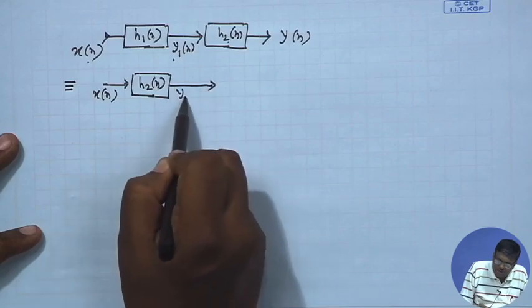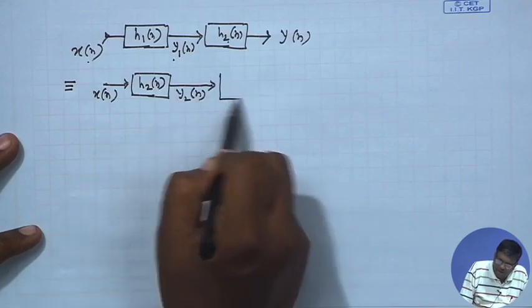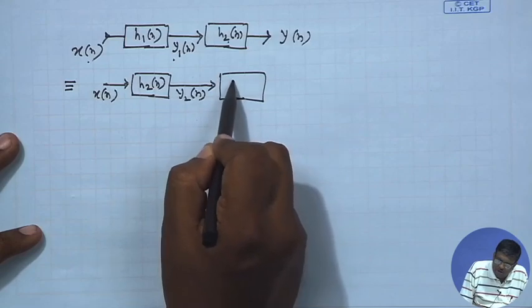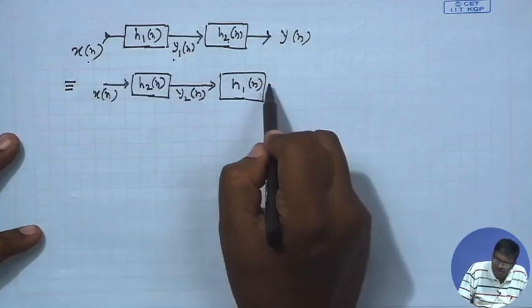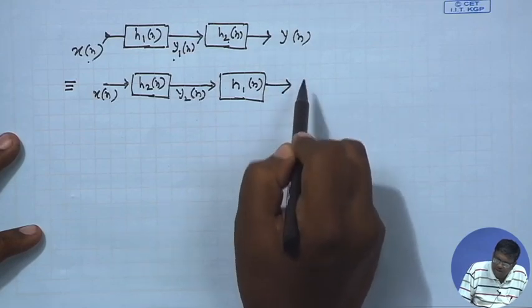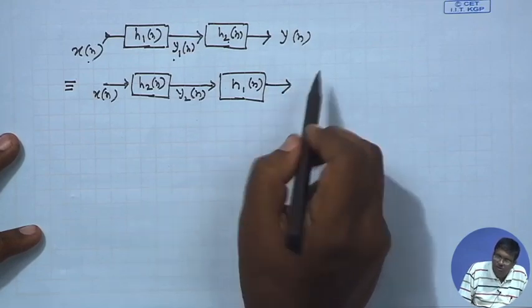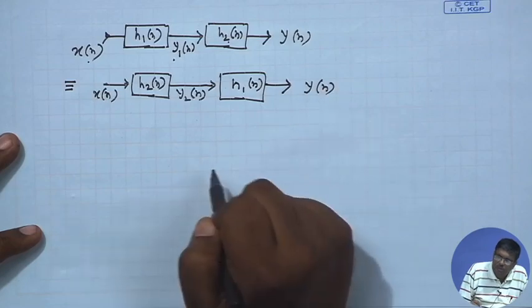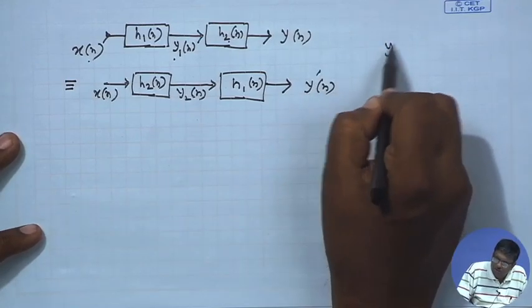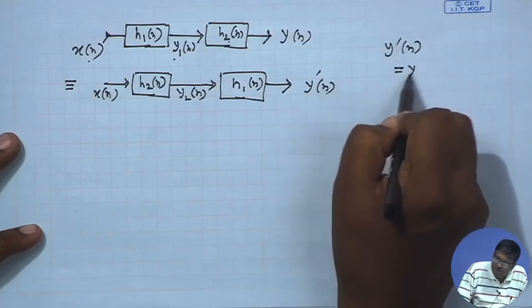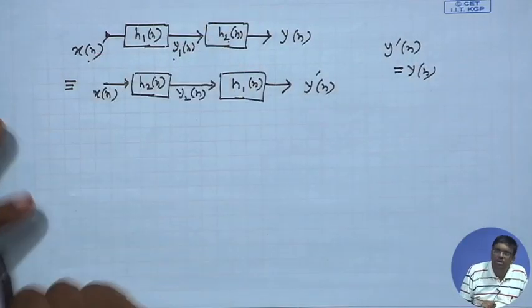So, this output will be different now, call it y 2 n, and then you have h 1 n here, I am interchanging, and still you will have y n. This is my claim. If you call it y prime n, we will show that y prime n is the same as y n. So, the two can be interchanged.